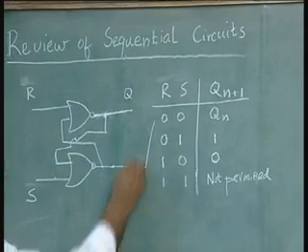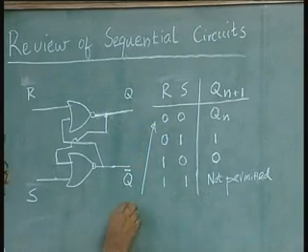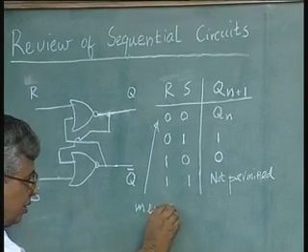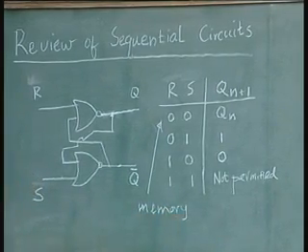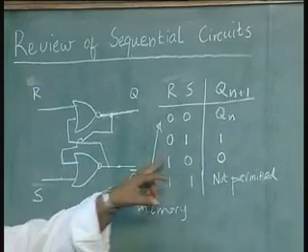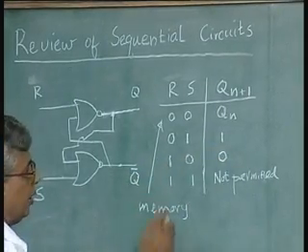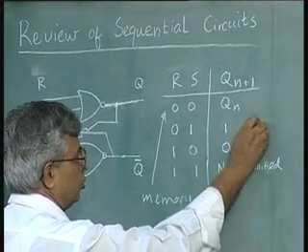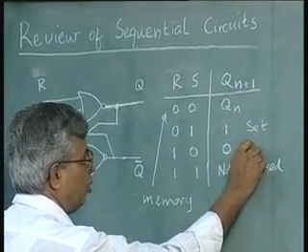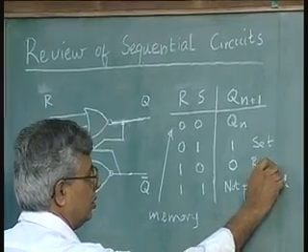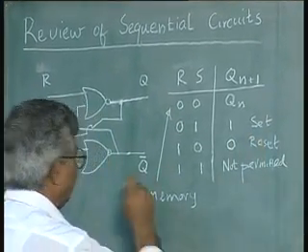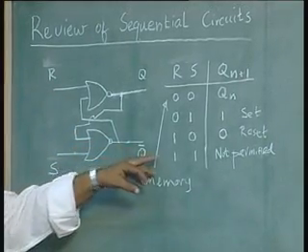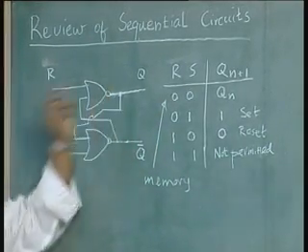That is the basic feature or the characteristic of a sequential circuit, a memory unit. This is the reset operation, this is the set operation, this is reset, and 1 1 is not applied because after 1 1 input, when you give one of these 3 other inputs, the output is not determined.